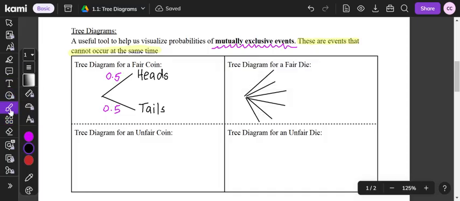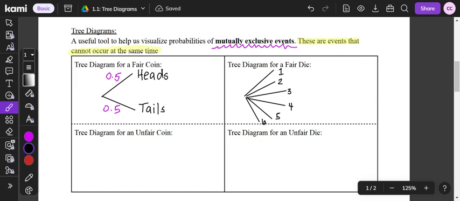Okay, and then of course, you're going to go ahead and label all the possible outcomes. So you could get a 1, you could get a 2, a 3, a 4, a 5, or a 6.